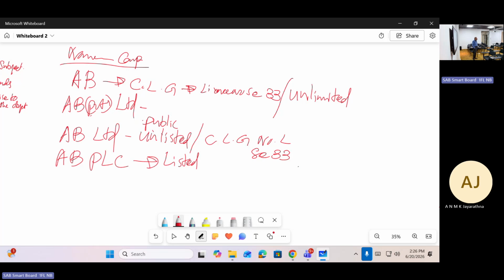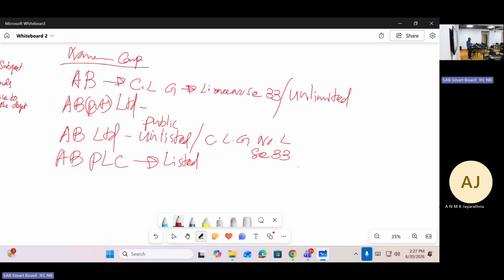Examples of companies limited by guarantee: the Colombo Stock Exchange, they don't have share capital. The Central Depository System, they were also granted a license. Another one is the Buddhist company promoting religion, again a license is granted.